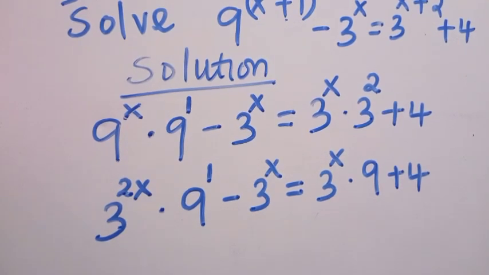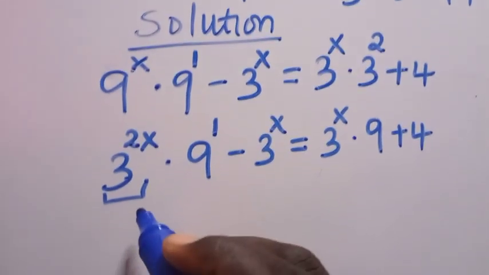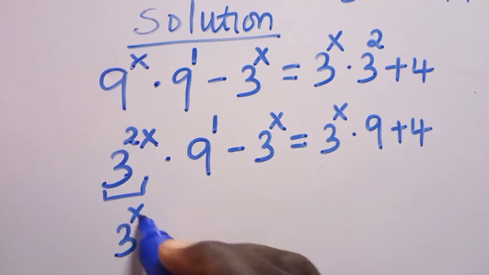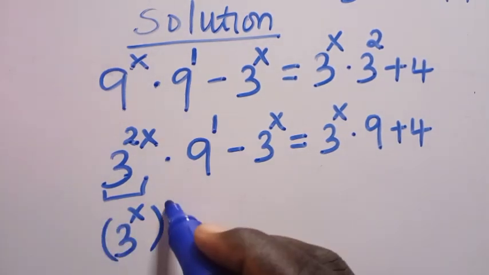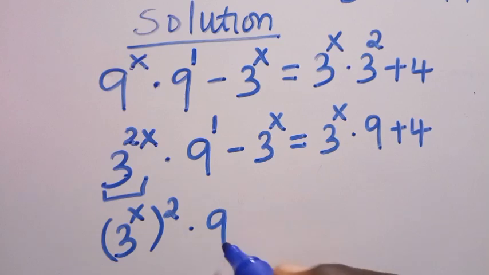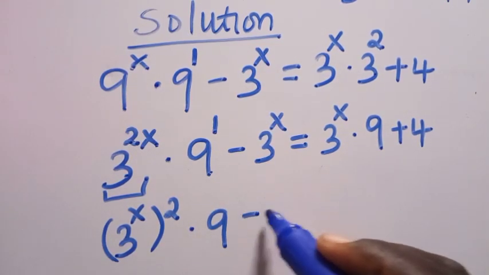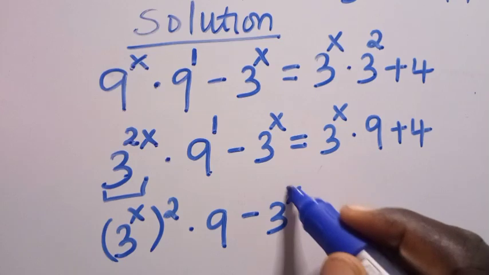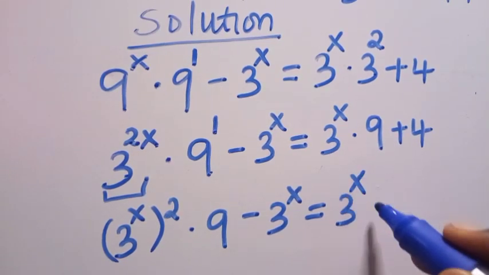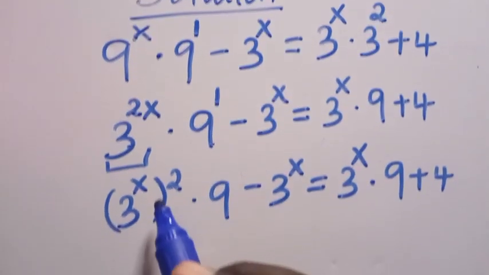Now at this point, I can write this as 3 raised to x, then raised to 2, then times 9, because 9 raised to 1 is 9, then minus 3 raised to x equals 3 raised to x, then times 9 plus 4.